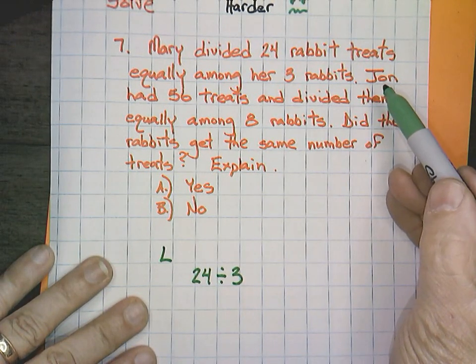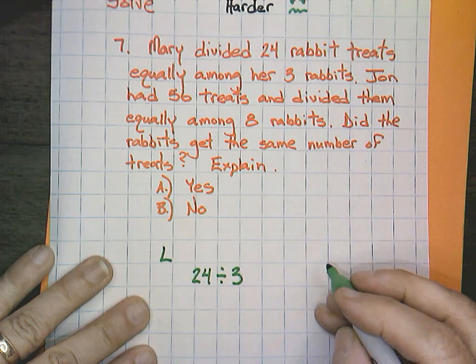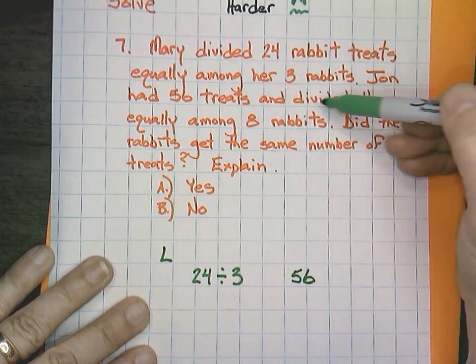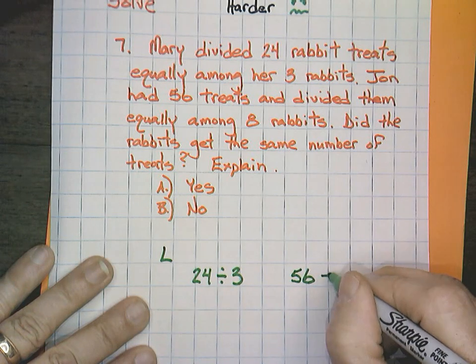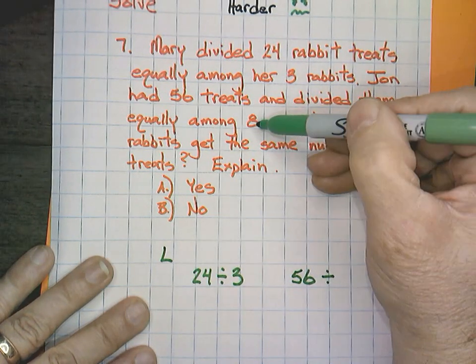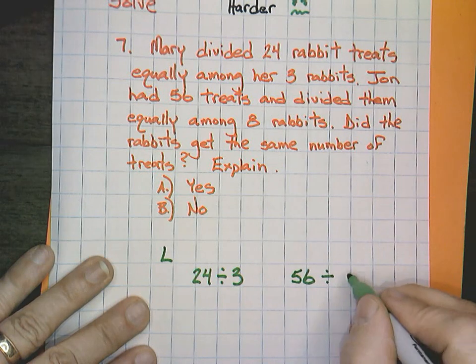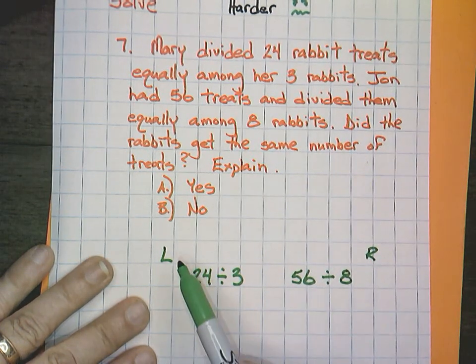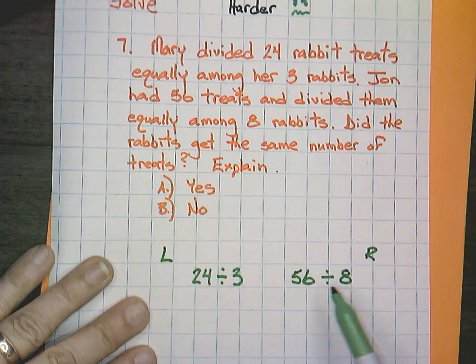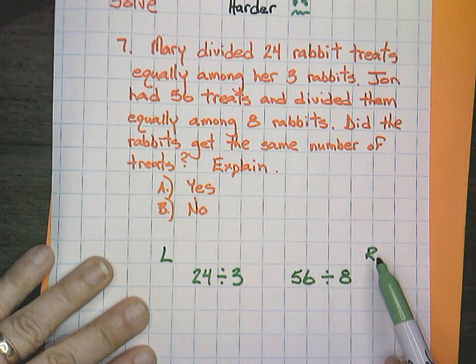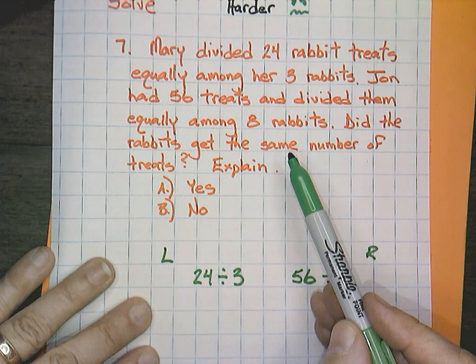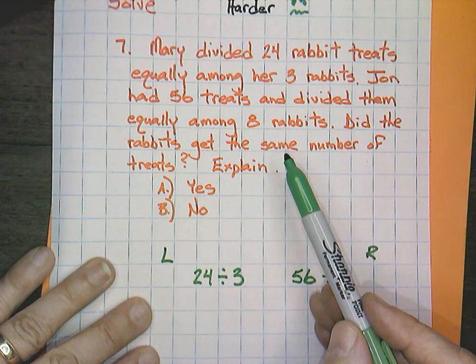Then on the right, I have John had 56 treats and he divided them equally among 8. So I have my expression on the left. I'm comparing it to the expression on the right. And my job is to see if it was the same, which means equal.